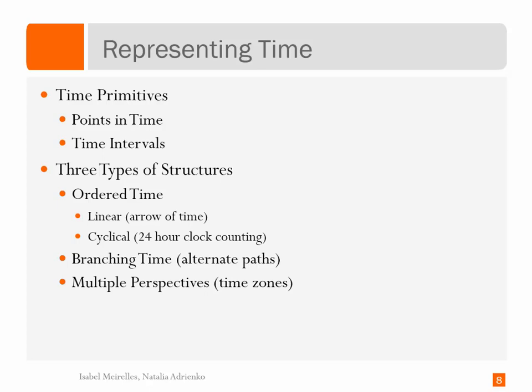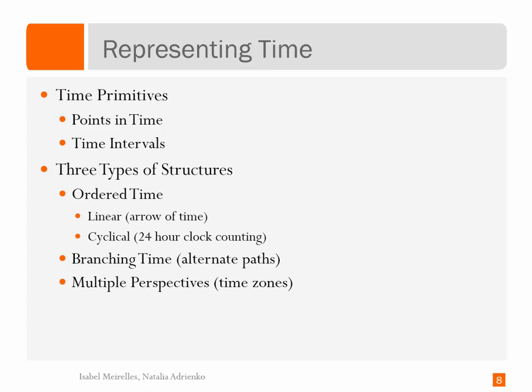Or cyclical. So with cyclical time, I have a 24-hour clock that is counting, but I'm basically counting those 24-hour cycles. So the cyclical is a second way that we can order time.